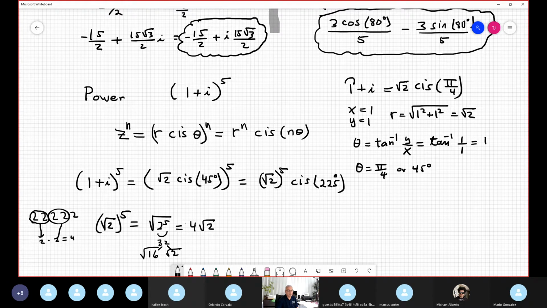This guy doesn't get married and stays inside the radical. So the square root of 2 to the 5th power is 4 radical 2, times cosine 225 degrees plus I sine 225 degrees.